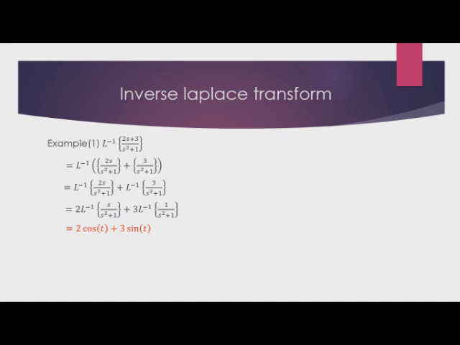And the next thing to do is to distribute: the inverse Laplace of 2s over s squared plus 1 plus the inverse Laplace of 3 over s squared plus 1. Next is 2 times the inverse Laplace of s over s squared plus 1 plus 3 times the inverse Laplace of 1 over s squared plus 1.